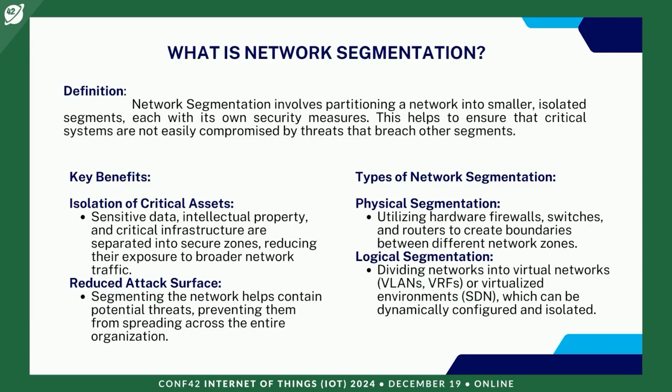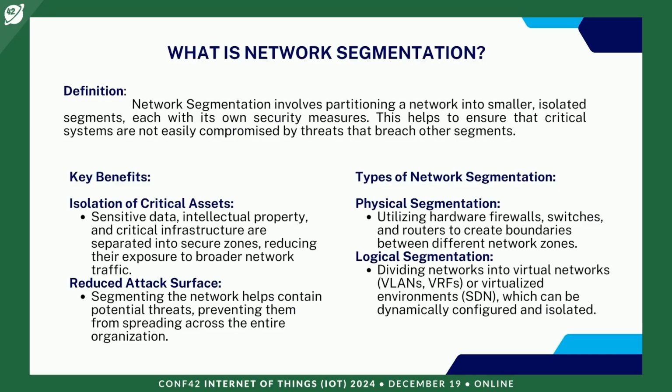Network segmentation is basically isolating your network into smaller, manageable parts. The traditional network segmentation example would be VLANs, or virtual LANs, where you segment your network based on logical broadcast domains.